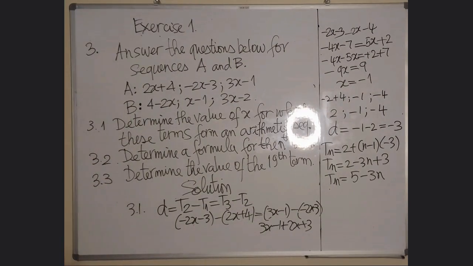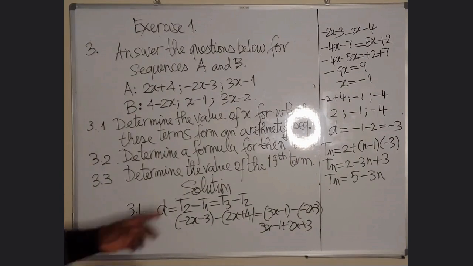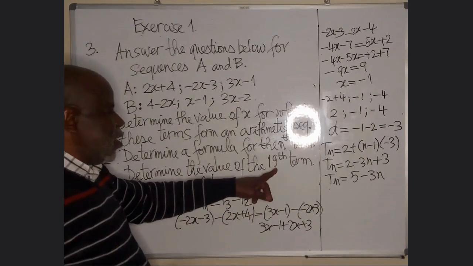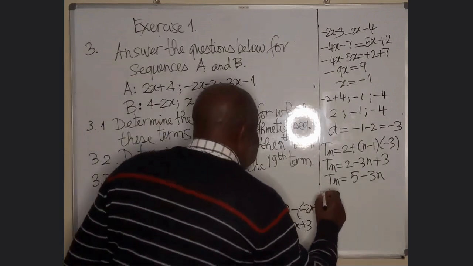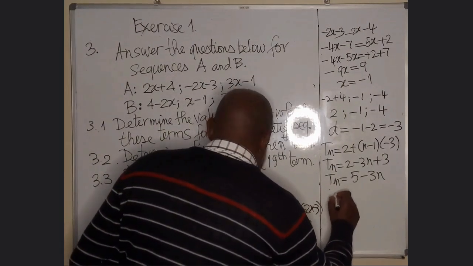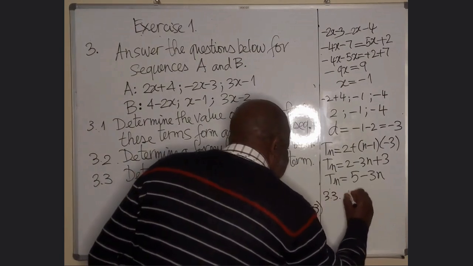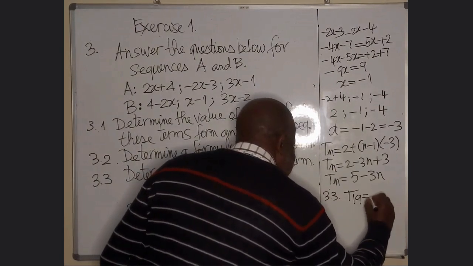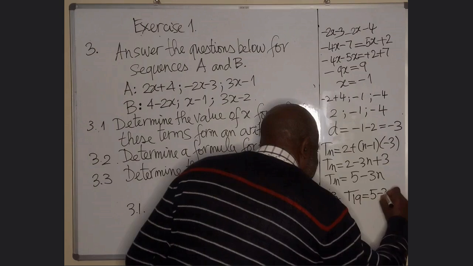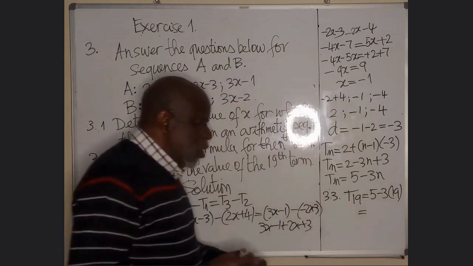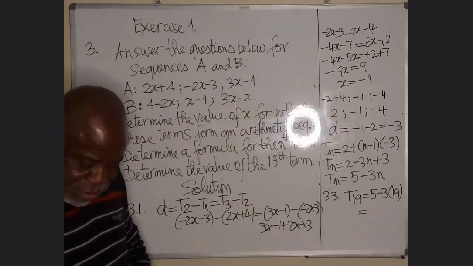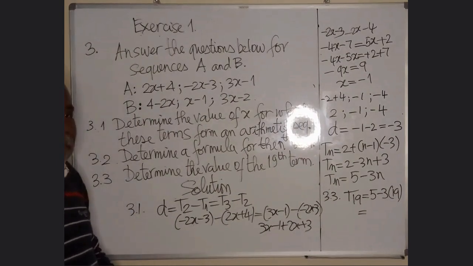Question number 3.3. Determine the value of the 19th term. So here, 3.3. T19 will be equal to 5 minus 3 times 19. And we're going to use our calculator to get the value of T19.